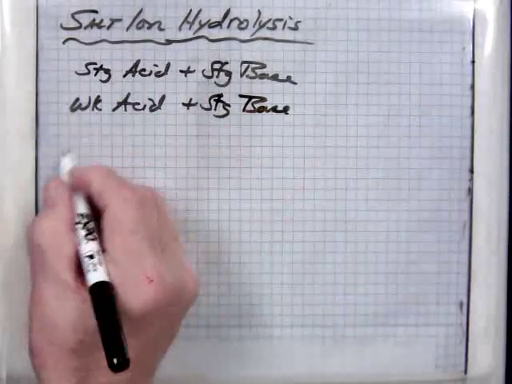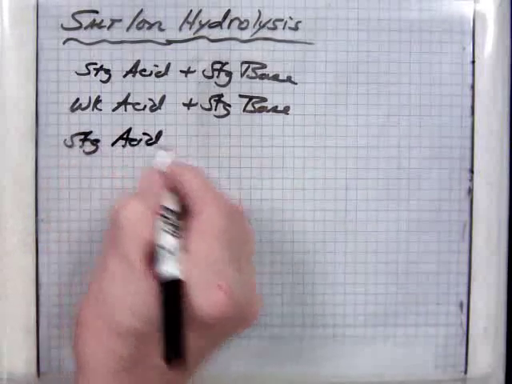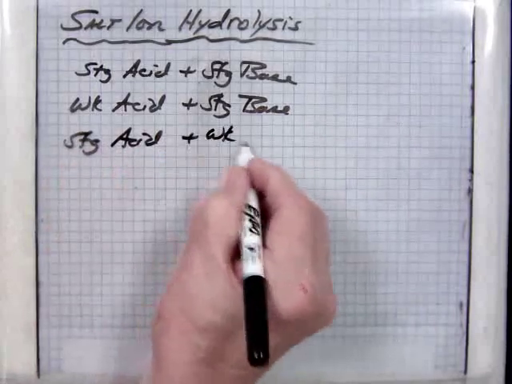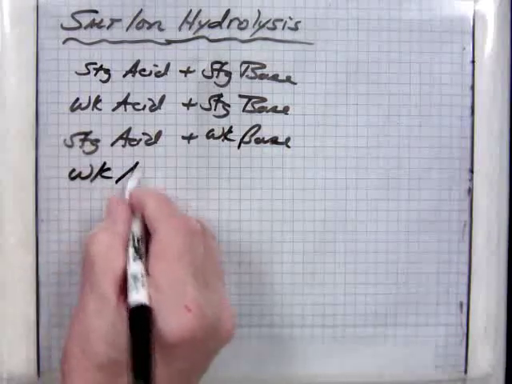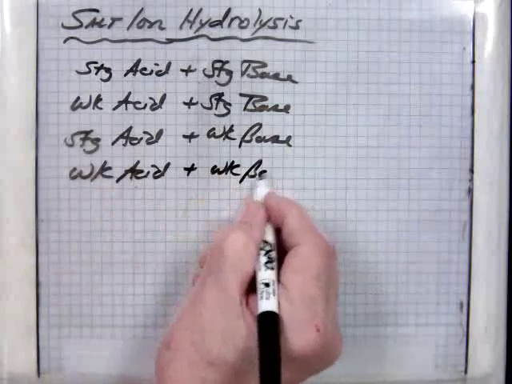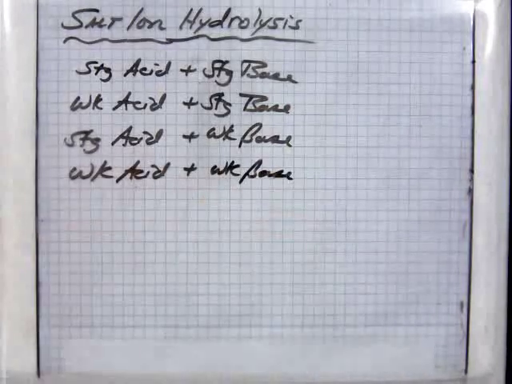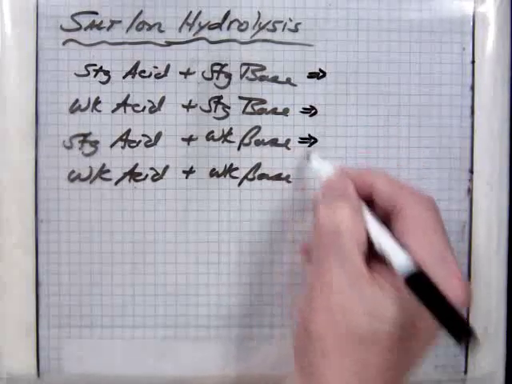You have a strong acid, weak base. And then you have weak acid, weak base type titrations. Examples, let me give you those.